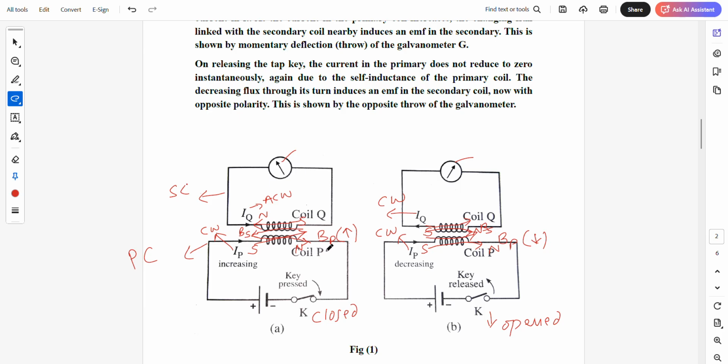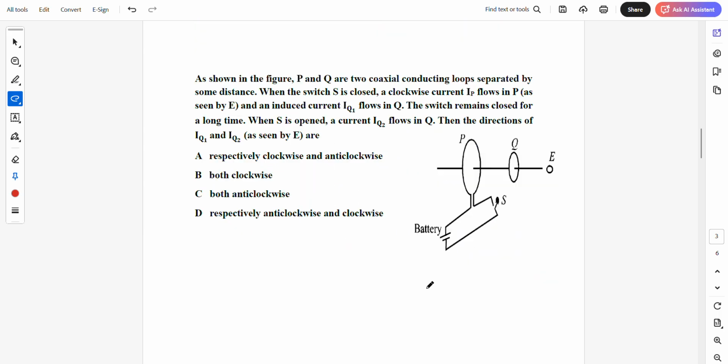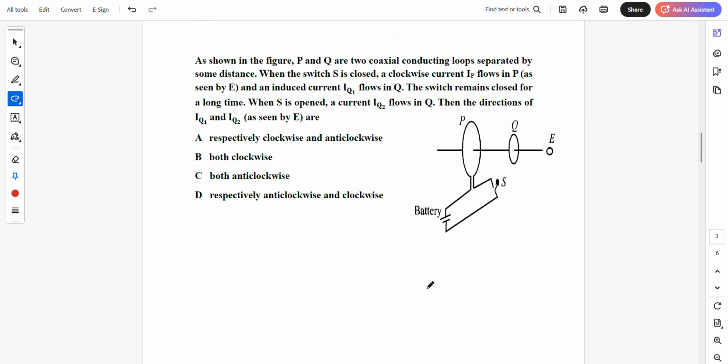If the current in the primary is decreasing, similarly field also decreases, and in the secondary coil you will get a current of the same sense as in the primary coil. Now keeping this in view, we will try to solve the problems.